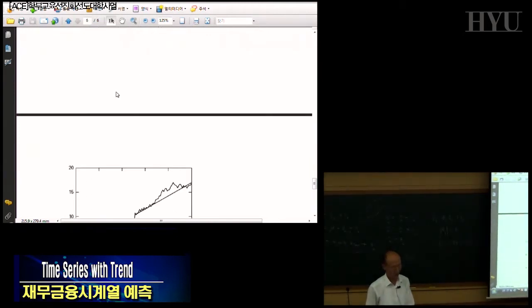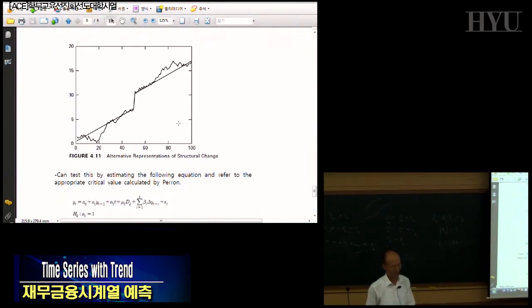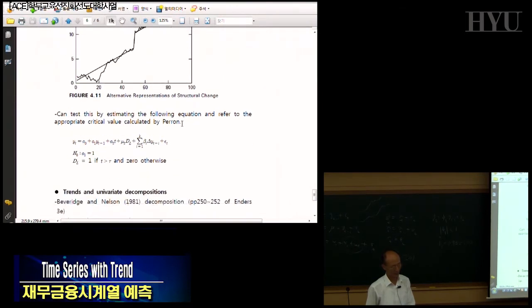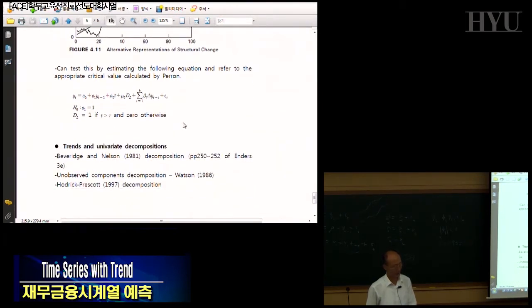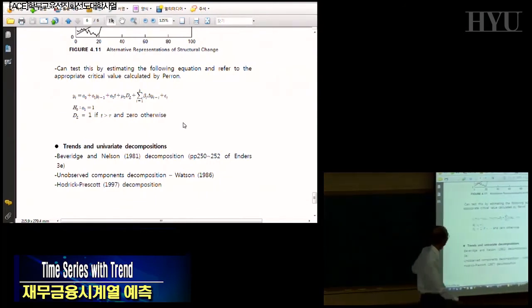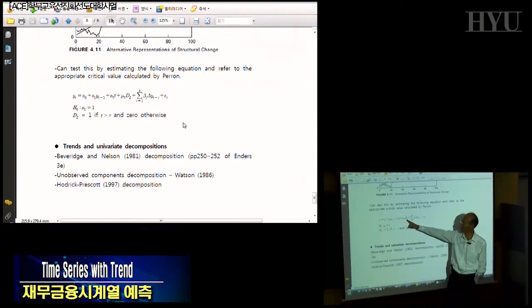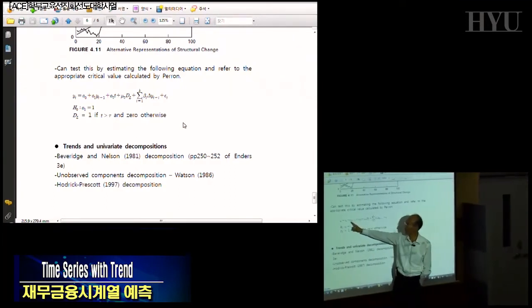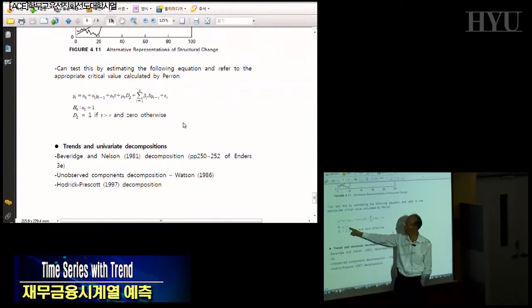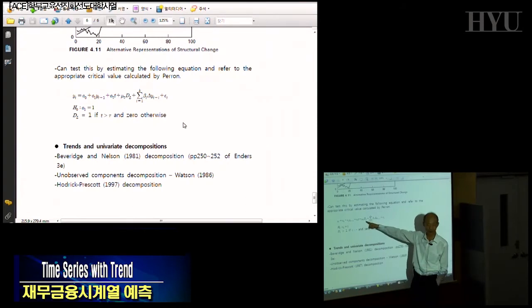So here, I cited one, just testing whether alpha is less than 1 or equal to 1. So testing whether y contains a unit root, where you are suspecting the level shift, right?